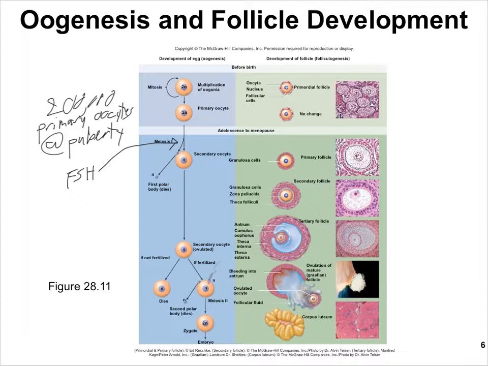With sperm, what we saw was when they underwent meiosis 1, they divided into 2 secondary spermatids. With ovaries and oogenesis, what we see is they're going to turn into 1 secondary oocyte and 1 what's called polar body.